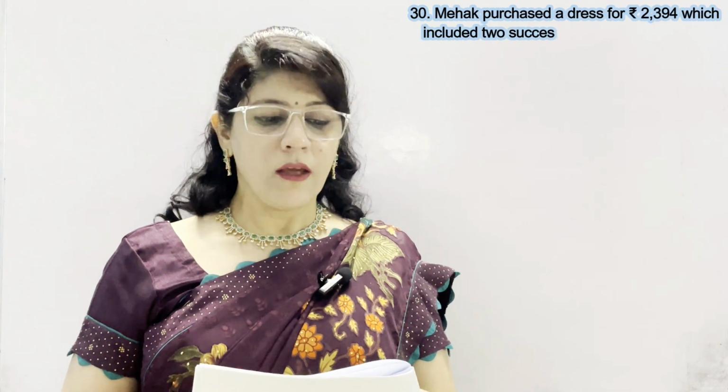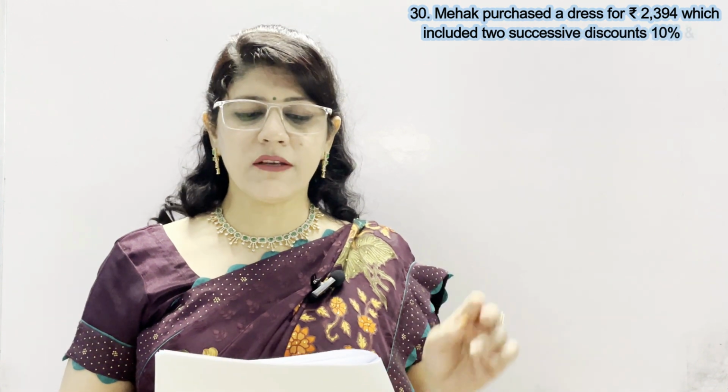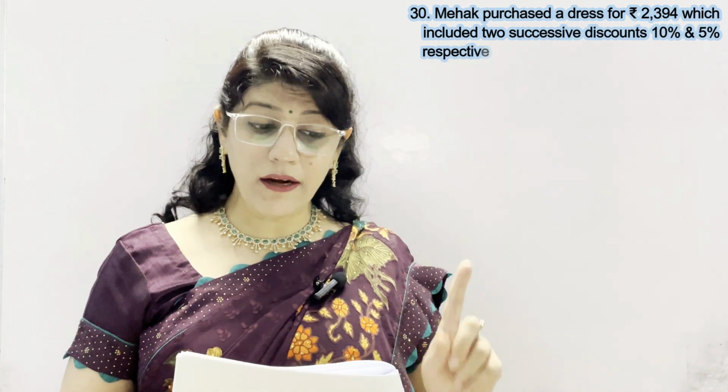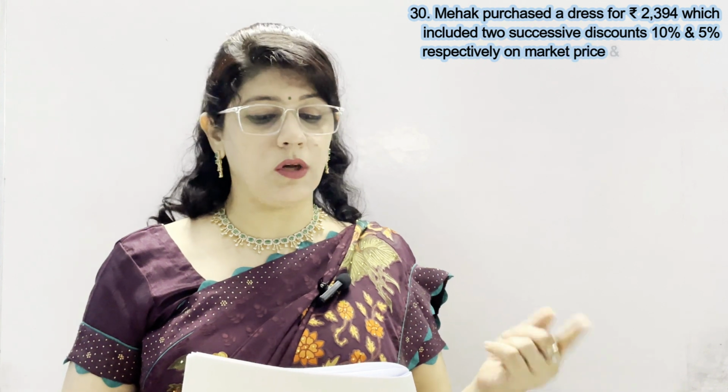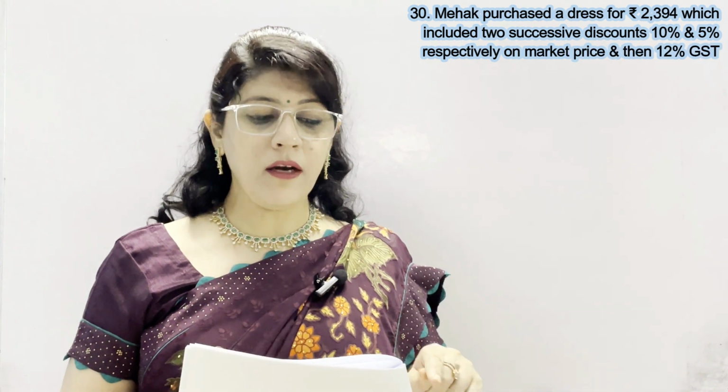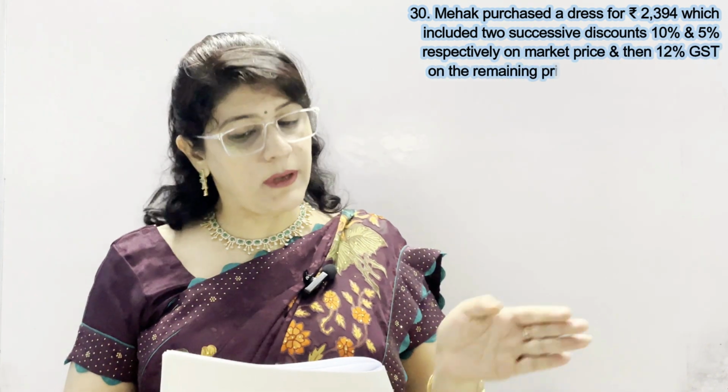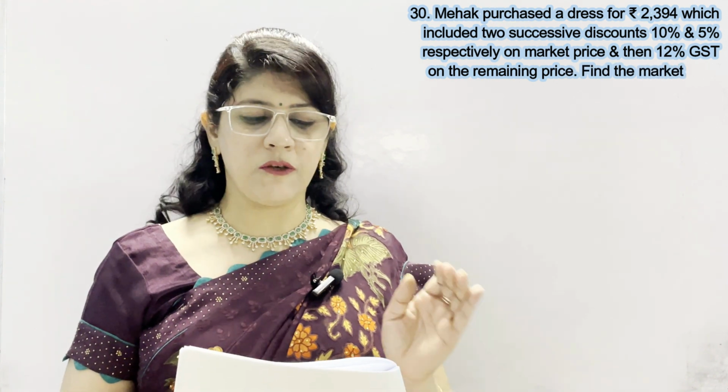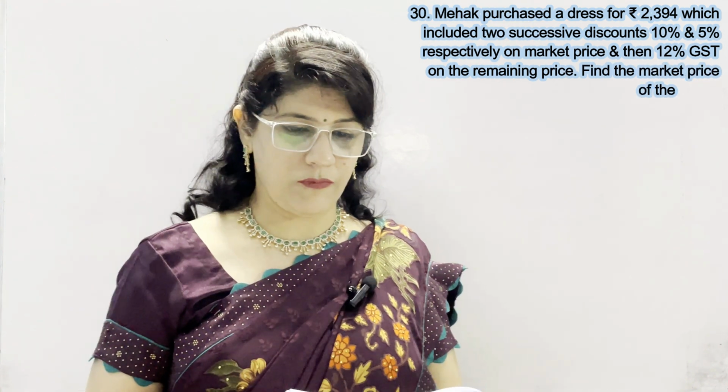Now coming to question number 30, Mehak purchased a dress for rupees 2,394, which included two successive discounts, 10% and then 5% respectively on the marked price, and then 12% GST on the remaining price. Find the marked price of the dress.